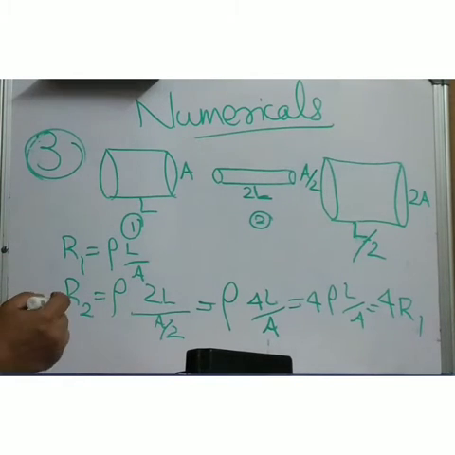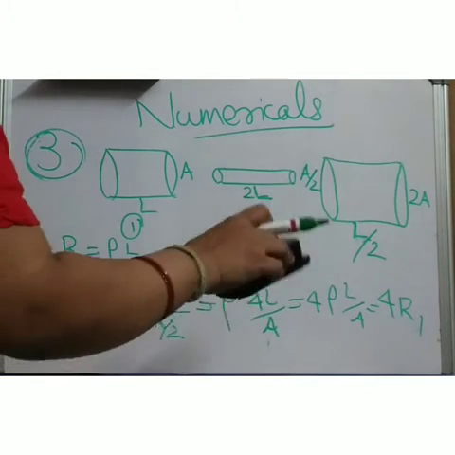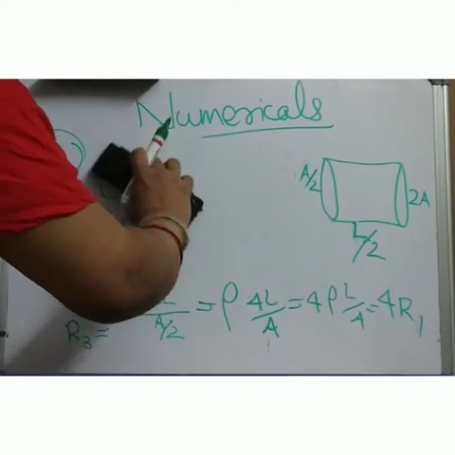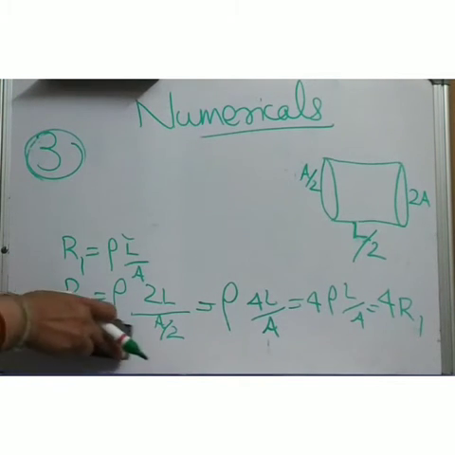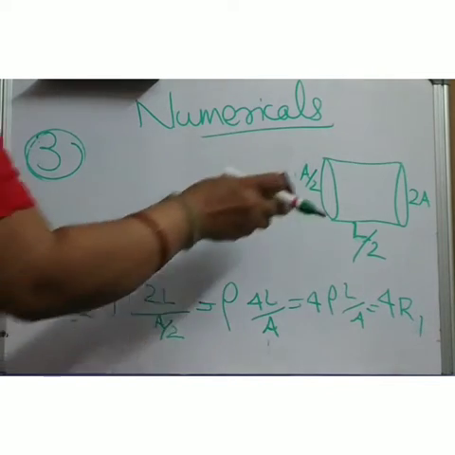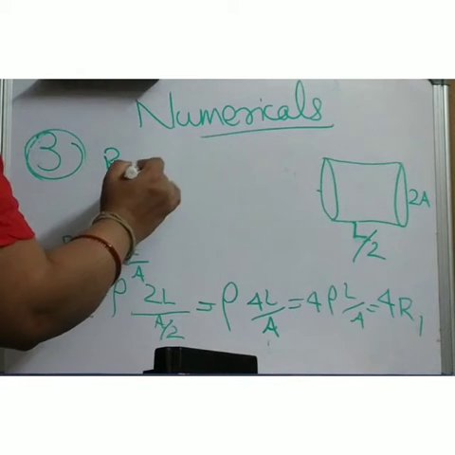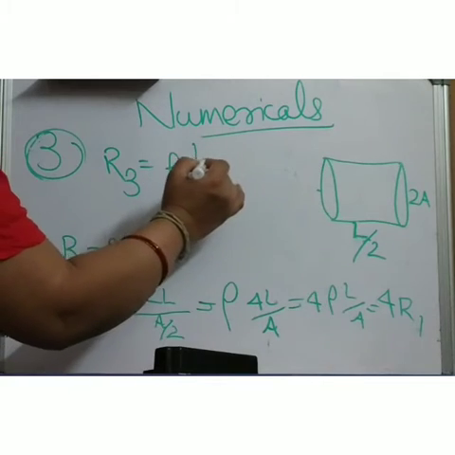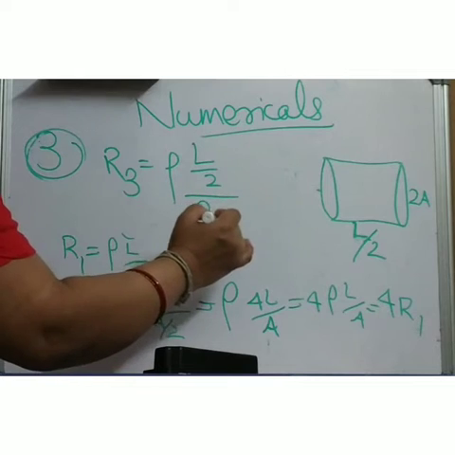And what is the resistance of the third one? That is R3. I am just rubbing this off because I need more space for R3. Now R3 is equal to rho, in place of L you will write L by 2, and in place of A you will write 2A.